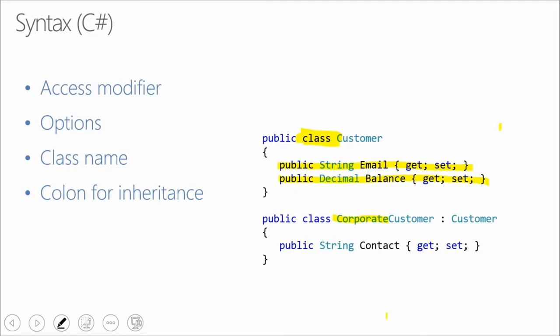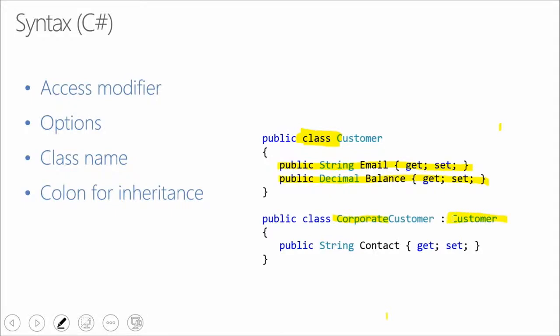Because my corporate customer is, at the end of the day, a customer, I'd like to get all of the different properties and methods from customer. This is where inheritance comes into play. Because corporate customer is a customer, notice the keywords there, that's the relationship I'm creating. So I can inherit from another class and create that specialized class.